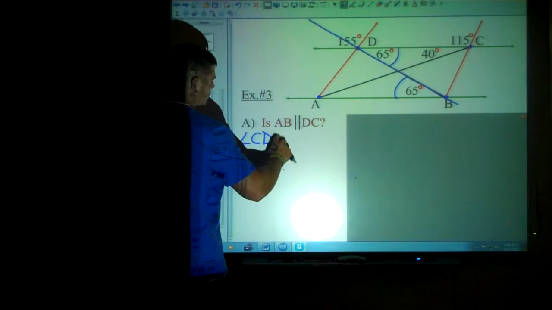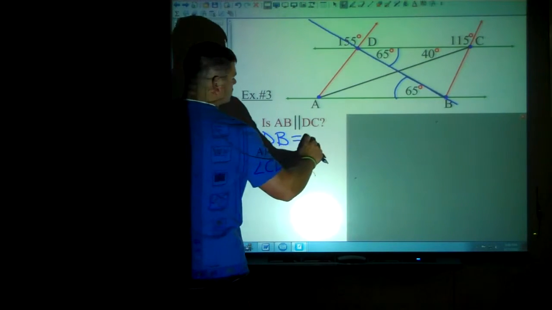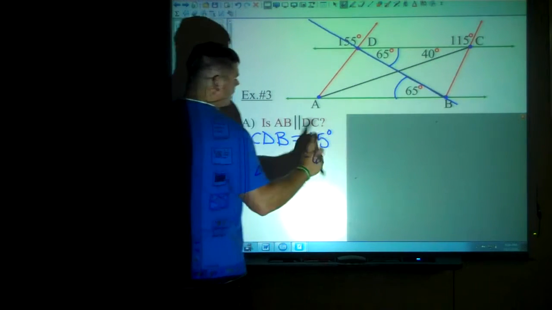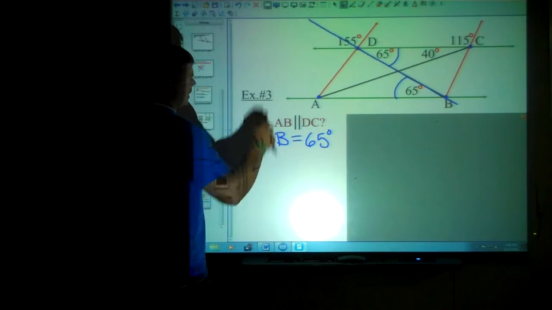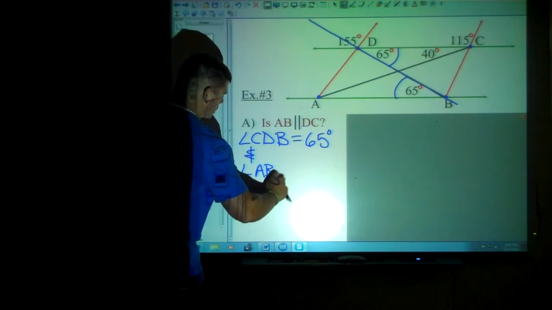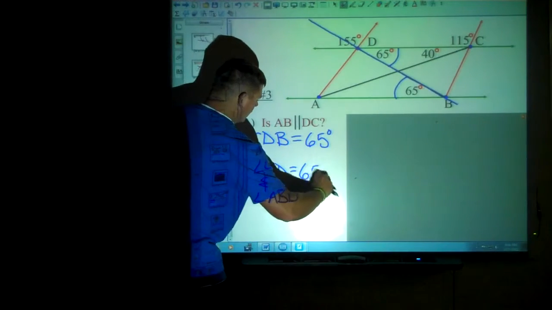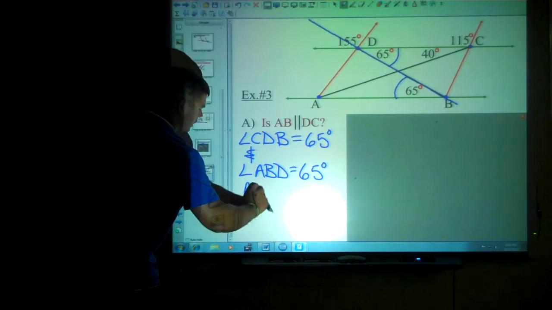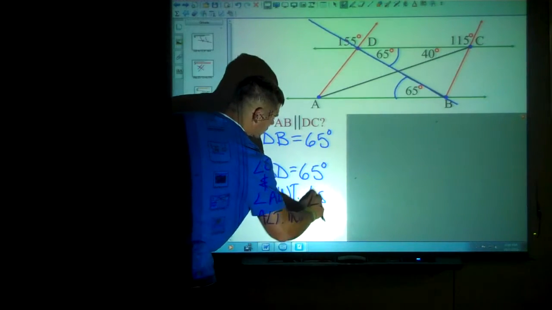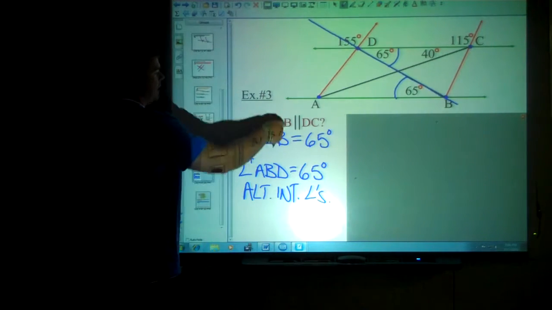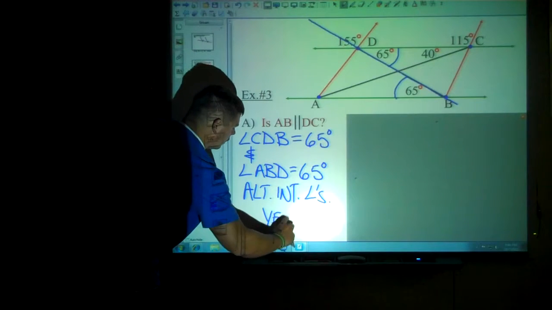since angle CDB equals 65 degrees and angle ABD equals 65 degrees, which are alternate interior angles, we would say yes, they are parallel.